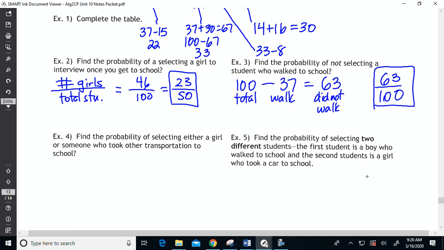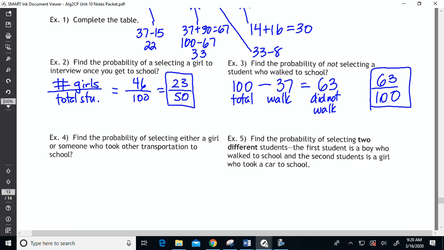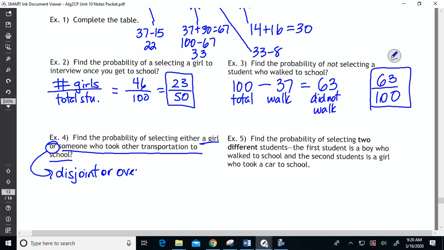Example 4. Find the probability of selecting either a girl or someone who took other transportation to school. If you think back to the unit that we just finished on probability, that "or" indicates that these items are either disjoint or that there's a potential overlap. So we have to be very, very careful and truly pay attention to what's going on.